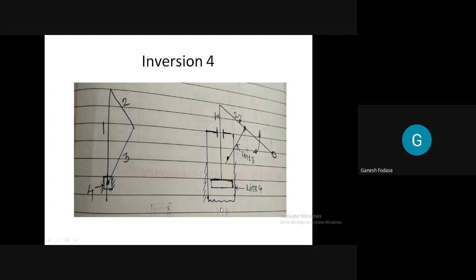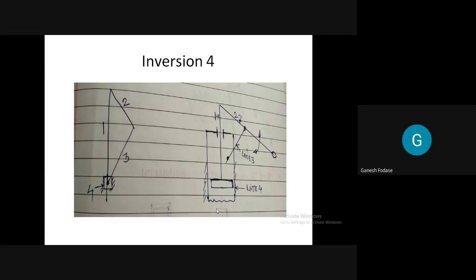Actually it is fixed, so we can form it in any shape. I just formed this shape in terms of a cylinder. Link number 4 is made in the form of a frame or a cylinder, which is already a fixed link. Clear? At least the first point is clear, how this link number 4 is made. Yes or no? Yes, sir.